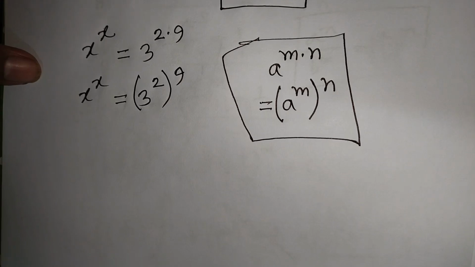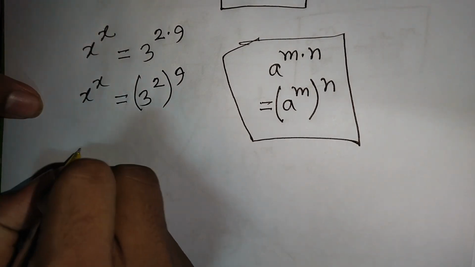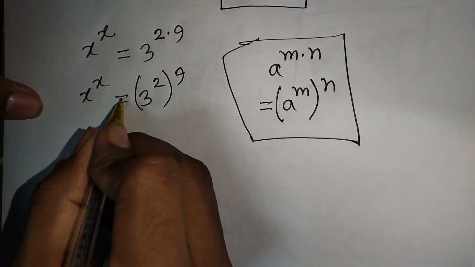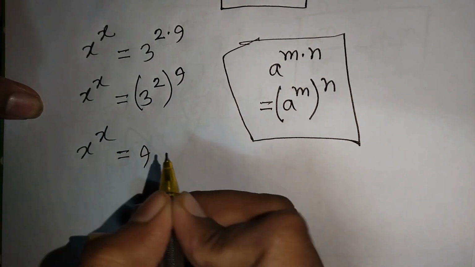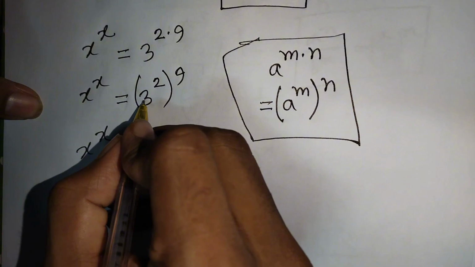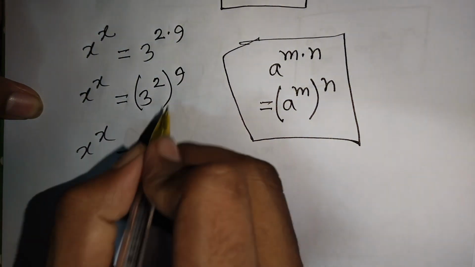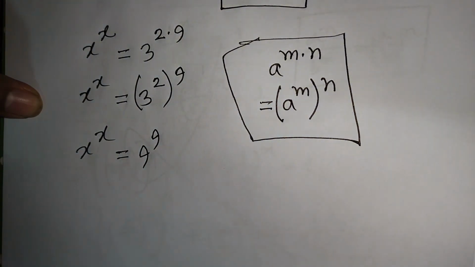So we have x^x = (3^2)^9, and 3^2 is the same as 9, then power of 9.